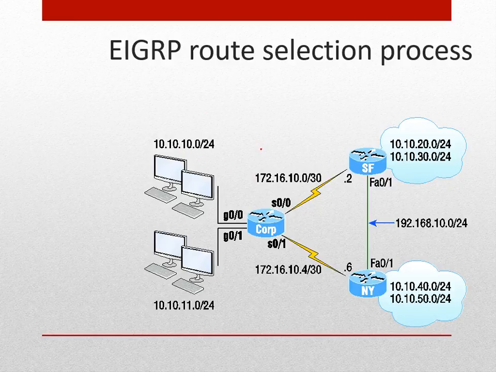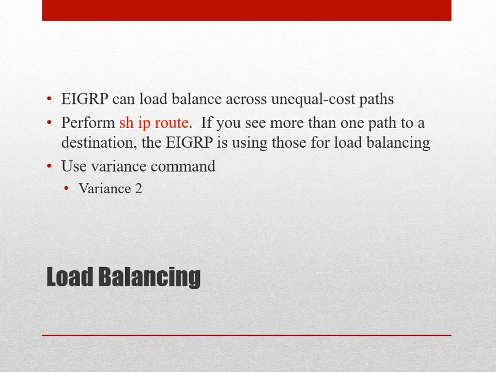Network selection, if we do the no auto summary in this thing, then it'll advertise the subnet mask. So what we really want to do in situations like this, and actually I think in most situations, well, if you're using the same networks, you probably want to turn auto summary off.